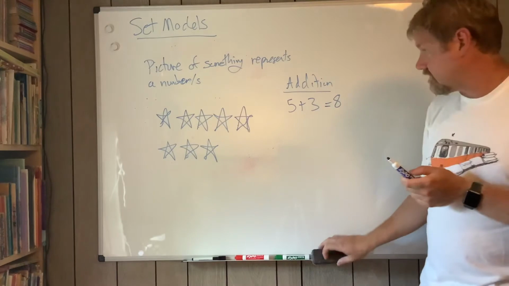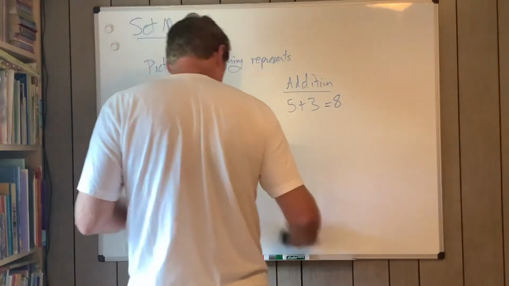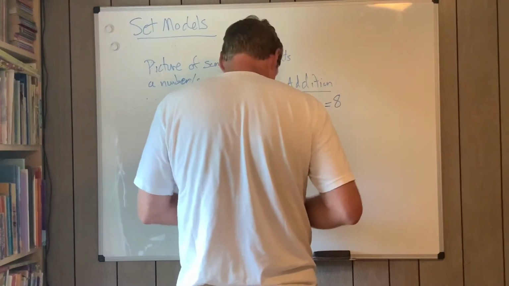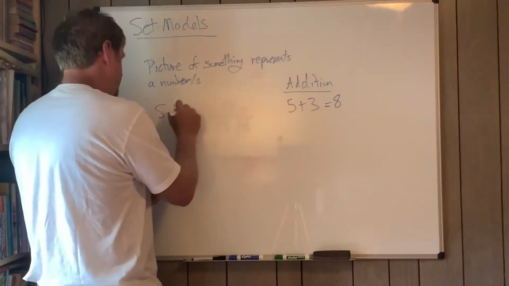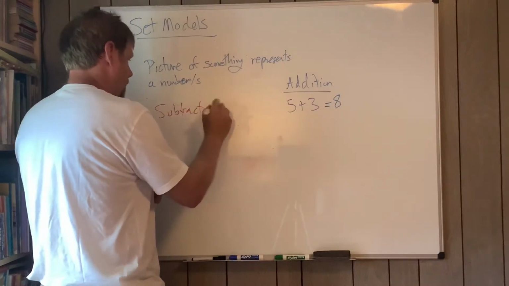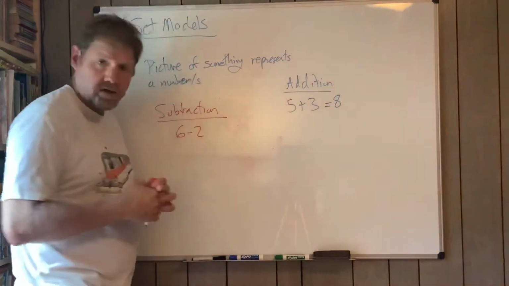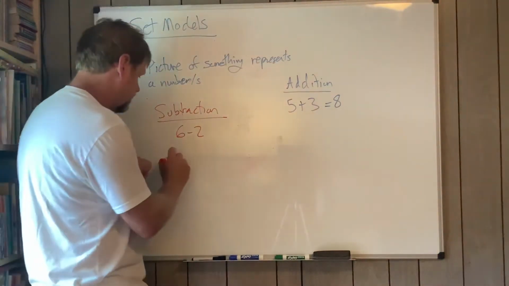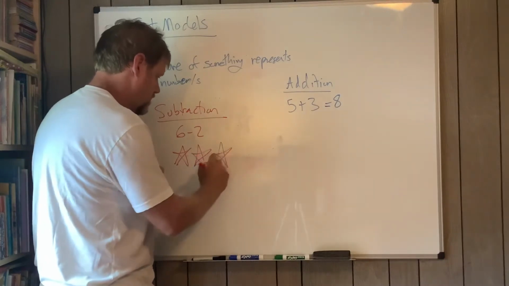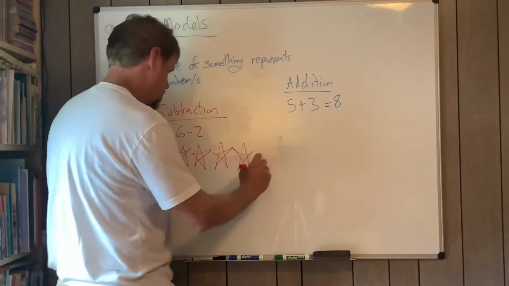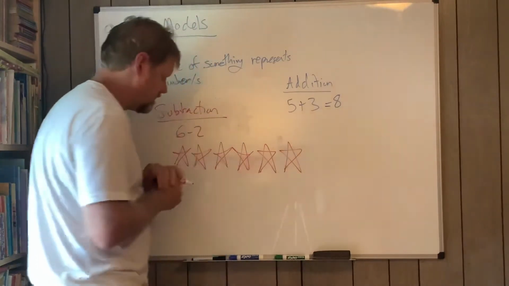So let's do a subtraction problem as well. So 6 minus 2, and if we're doing this, let me go back to my stars. 1, 2, 3, 4, 5, 6.